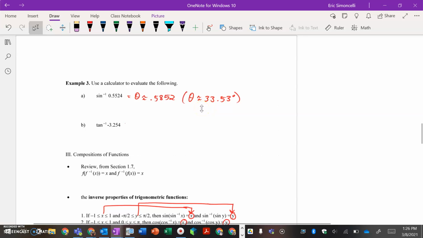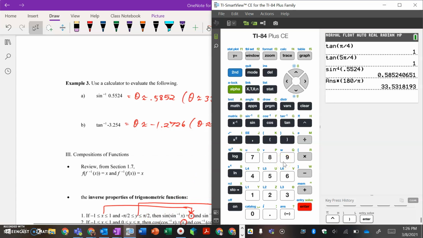So, next question, the inverse tangent of negative 3.254. We'll go ahead and double check on the calculator. As you can see, I'm getting a decimal of negative 1.2726. The inverse tangent is defined for any number plugged in, so you can always get an answer as far as a ratio.